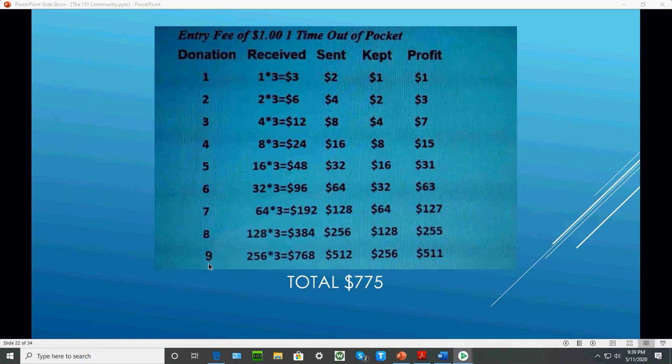On the 9th donation day, in the $1 process, the 3 people are now going to donate to you $256 each. That's $768 altogether. You're going to take $512 and donate that to your inviter. You're going to keep $256 for yourself. That's $511 in just a $1 process, taking you up to $775 to this point.